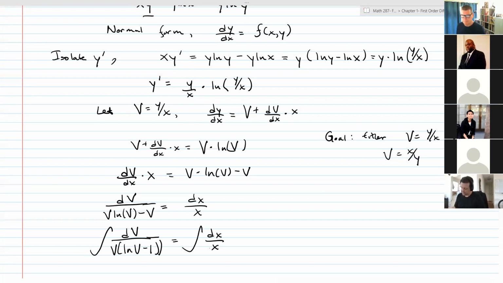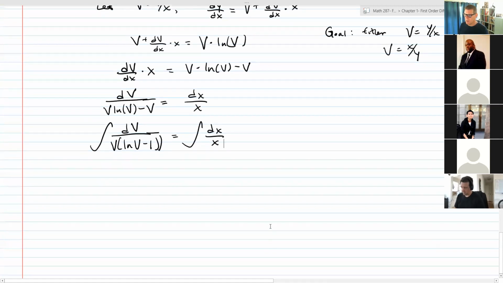And so the left-hand side is actually a u substitution. So we'll let u equal the natural log of v minus 1, so du is going to equal 1 over v dv.